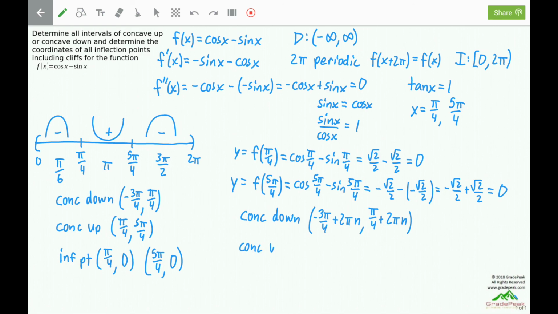There will be a concave up set of intervals from pi over 4 plus the period 2 pi times n, an integer, up to 5 pi over 4 plus 2 pi, the period, times n, an integer.